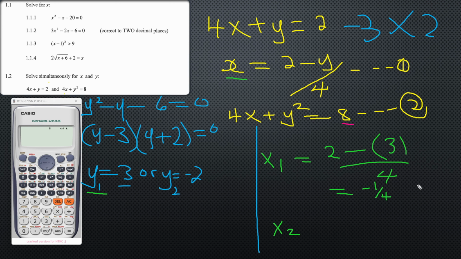This will be our first x1, which is negative 1/4, and for x2 we are going to have (2 - (-2))/4. Minus negative 2 will give us a 4, and then 4 over 4 will give us a 1, so x2 is equal to 1.